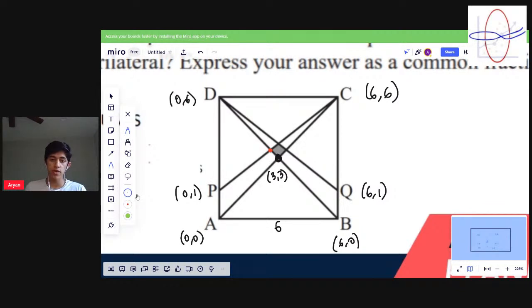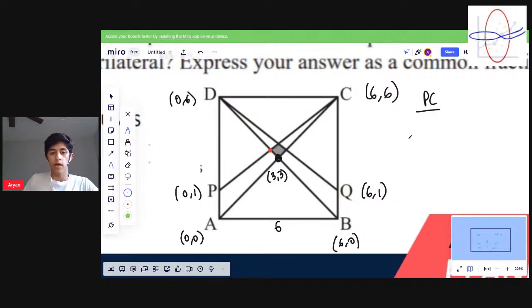The red point is the intersection of 2 lines. That means we want to find the equation of the 2 lines and then find the point of intersection. Let's start with PC.